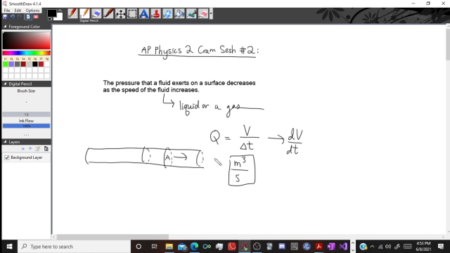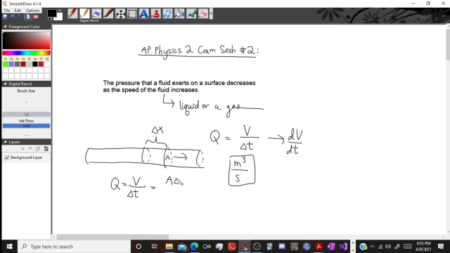In the case of fluid moving through a pipe, the volume is the cross-sectional area times the length of the fluid moving through. We said originally Q is equal to V over delta t, but now let's say the length of the fluid is delta x.